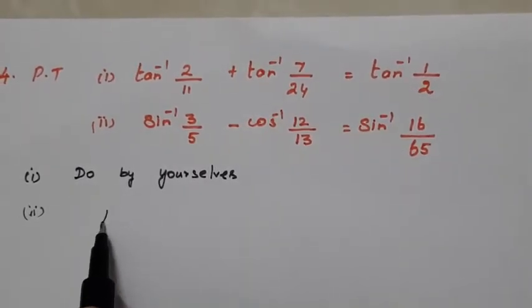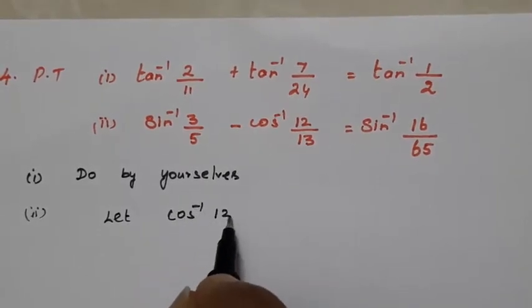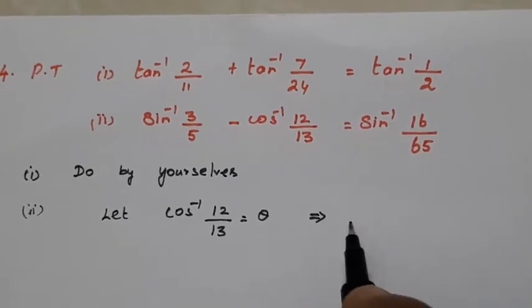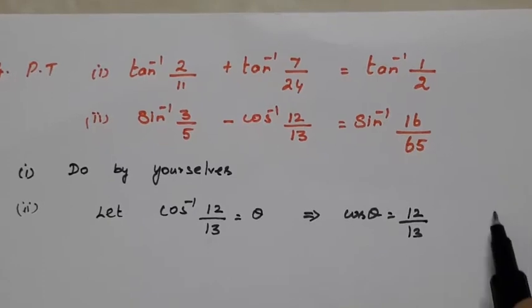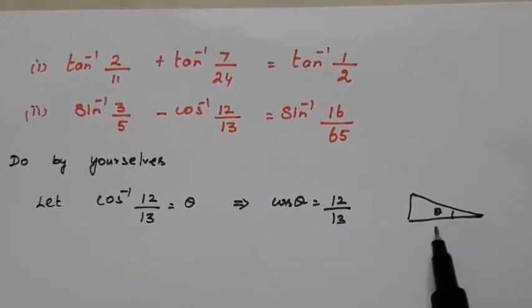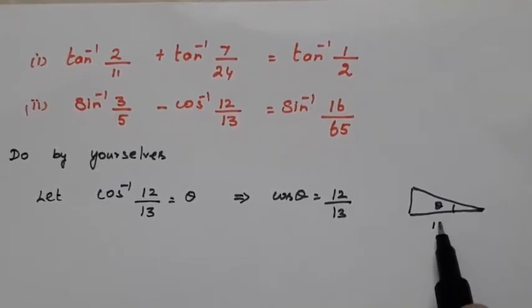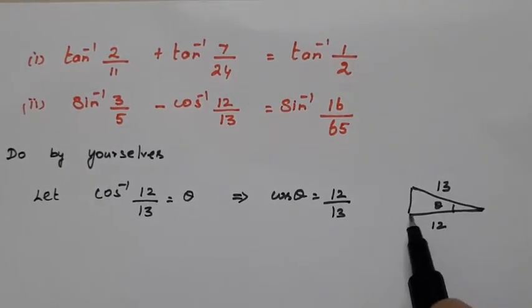Okay, so to start with, let us take this cos inverse of 12 by 13 is equal to some theta, which implies cos theta is equal to 12 by 13. So by constructing the right triangle by taking the acute angle to be theta, as cos is 12 by 13, that is adjacent side is 12, hypotenuse is 13, and you know that the Pythagorean triple is 5.